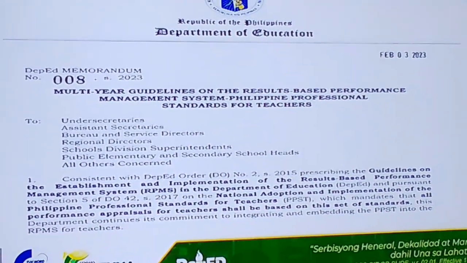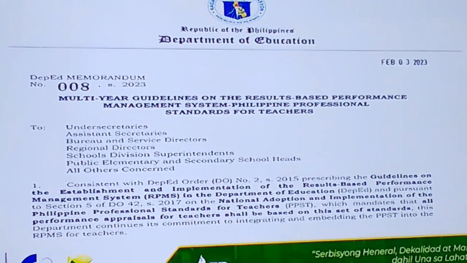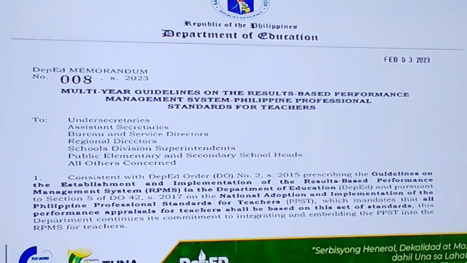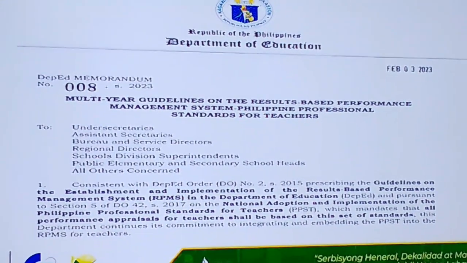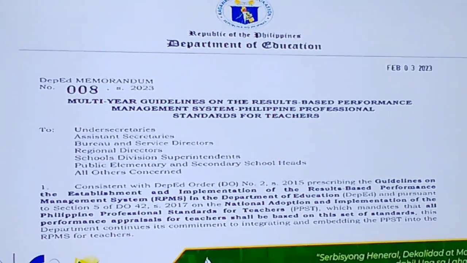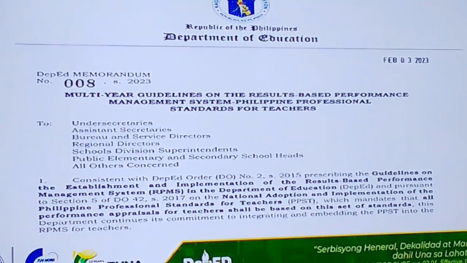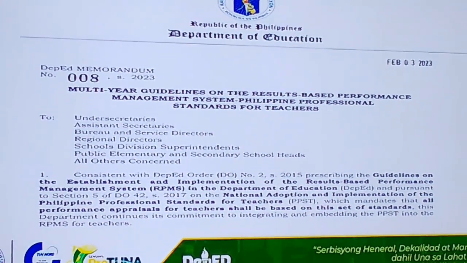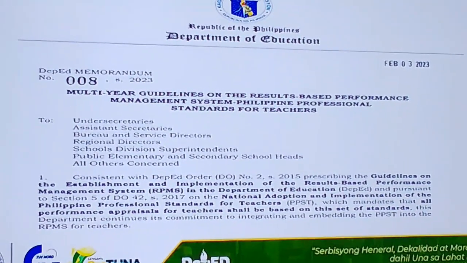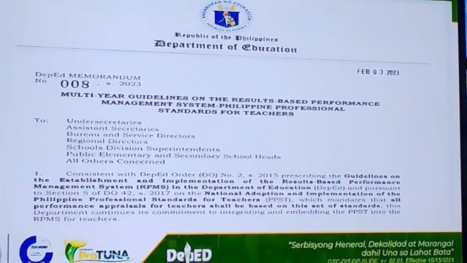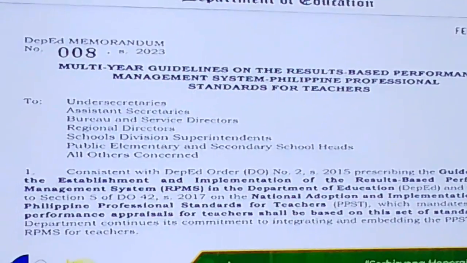Obviously, since we are talking about RPMS PPST, this memorandum will be anchoring on the salient features of Deped Order number 2 series of 2015, which refers to the guidelines of the establishment and implementation of the RPMS in the Department of Education, and DO number 42 series of 2017 on the national adoption and implementation of the PPST, which mandates that all performance appraisals for teachers shall be based on this set of standards.